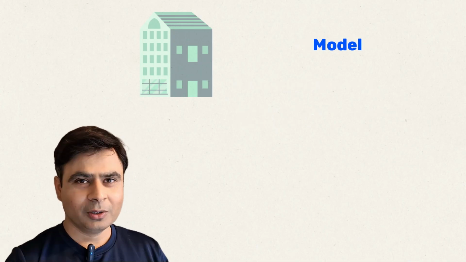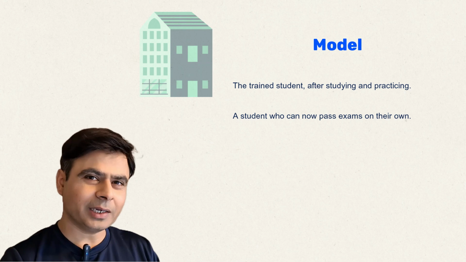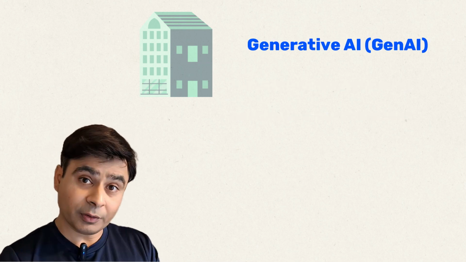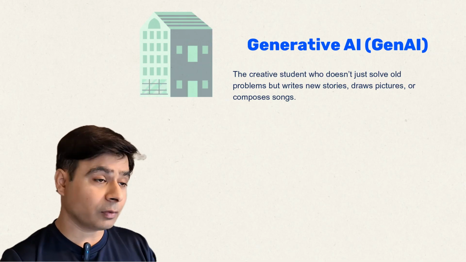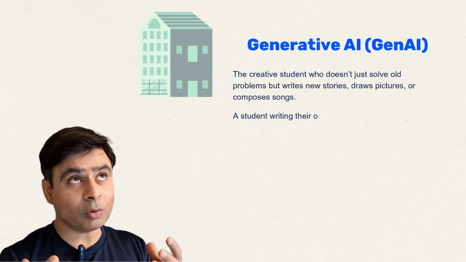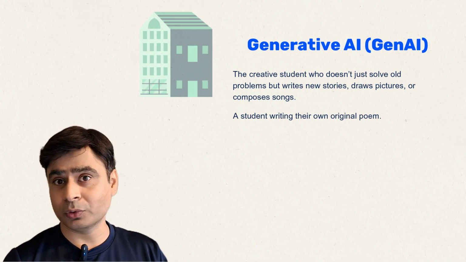And what is the model? So our student has learned from the data, from the examples, from the practice, and that's the final output of the training that becomes the model. Generative AI, on the other hand, could be thought of as a creative student who doesn't just solve the problems, but also thinks about new stories, new patterns, new drawings, composes songs.